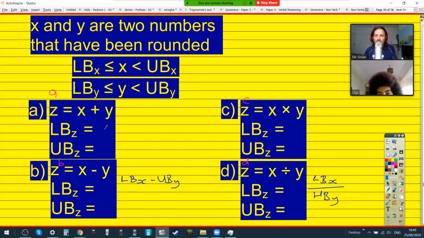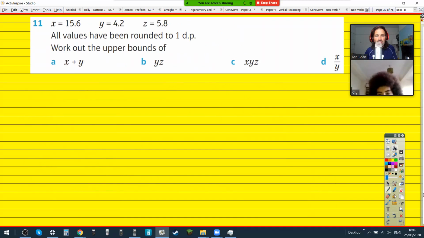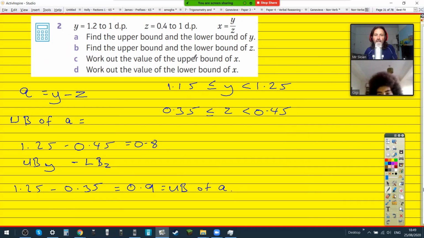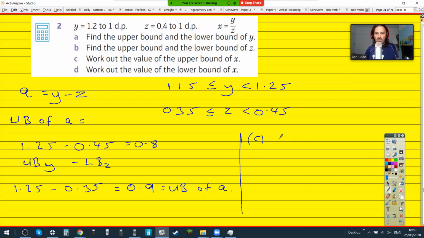Same with dividing. With adding and multiplying, it's just lower bound, upper bound, upper bound, whereas with these two, it's different. So let's try C. We want x, and x is y divided by z. The lower bound of x. Sorry, upper bound.